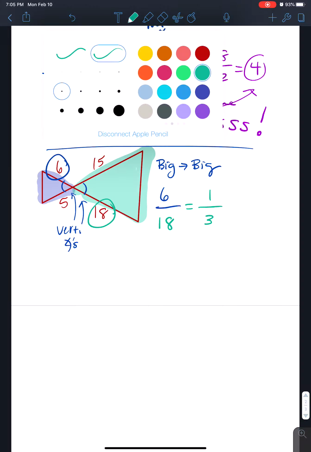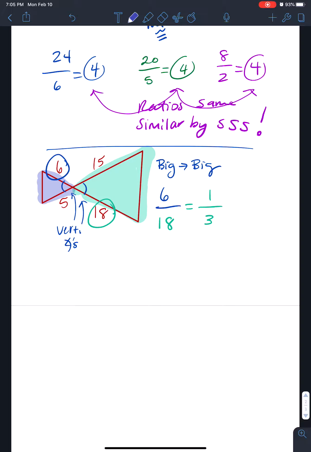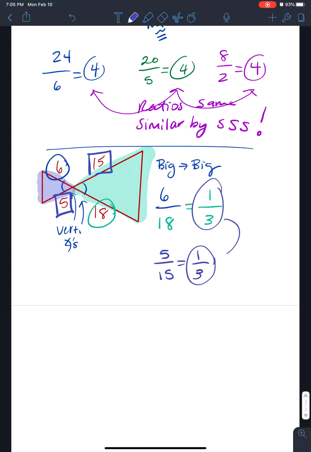And then I do the same thing. You want to do small to small, so 5 is the smaller one, so that's going to match with 15. And that also simplifies to 1/3. So we have 2 of the same ratios. Only 2 though, so it's not SSS. But remember, don't forget about your vertical angles. So that's going to be our side angle side.